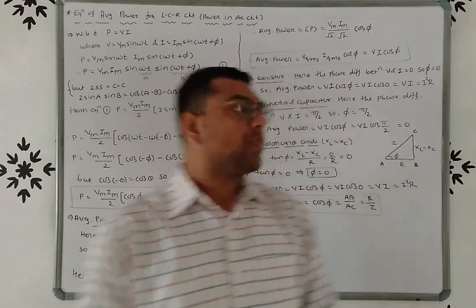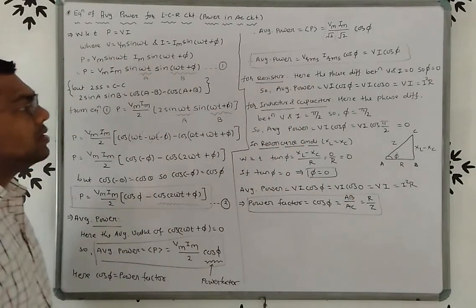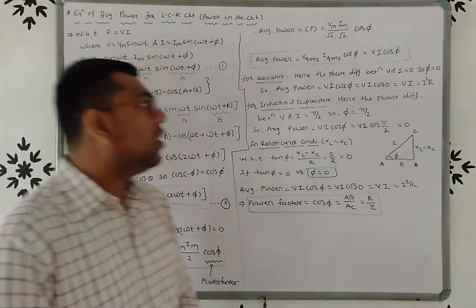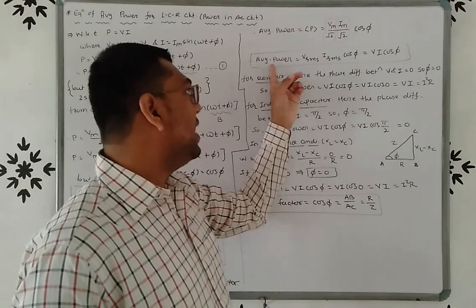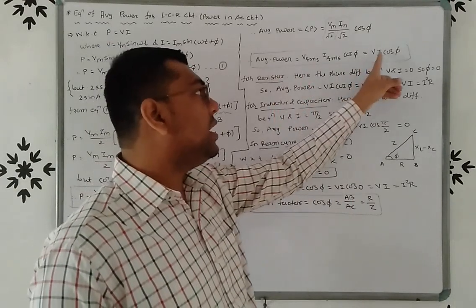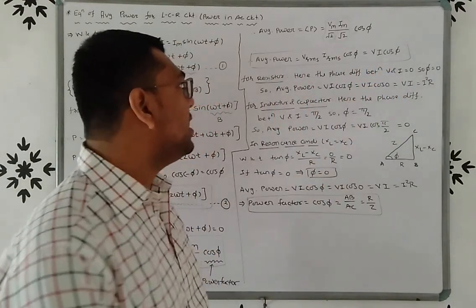Now here, see this formula, the formula of average power. Average power is equal to VI cos phi, right?